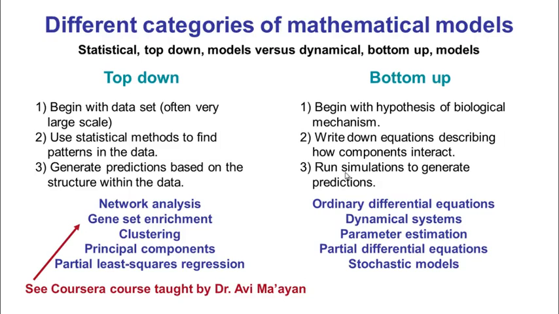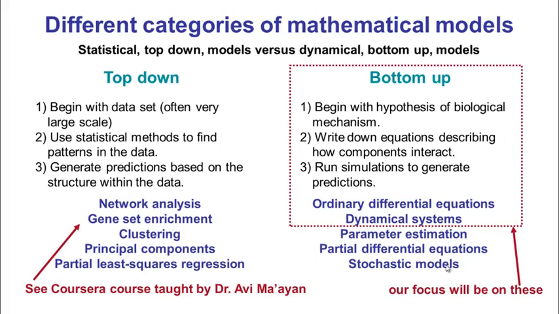And some of the keywords that are associated with bottom-up models are things like ordinary differential equations, tools of dynamical systems to interpret the output, methods for parameter estimation, partial differential equations, and stochastic models. Now in this course we're not going to be able to cover everything, so we're going to focus on the first two keywords in here. Models consisting of systems of ordinary differential equations and tools of dynamical systems in order to interpret the results of these simulations.